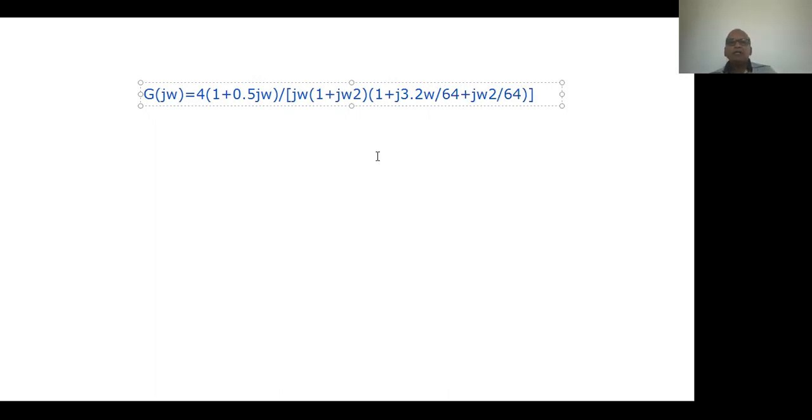Okay. This is the sinusoidal transfer function in the time constant form.